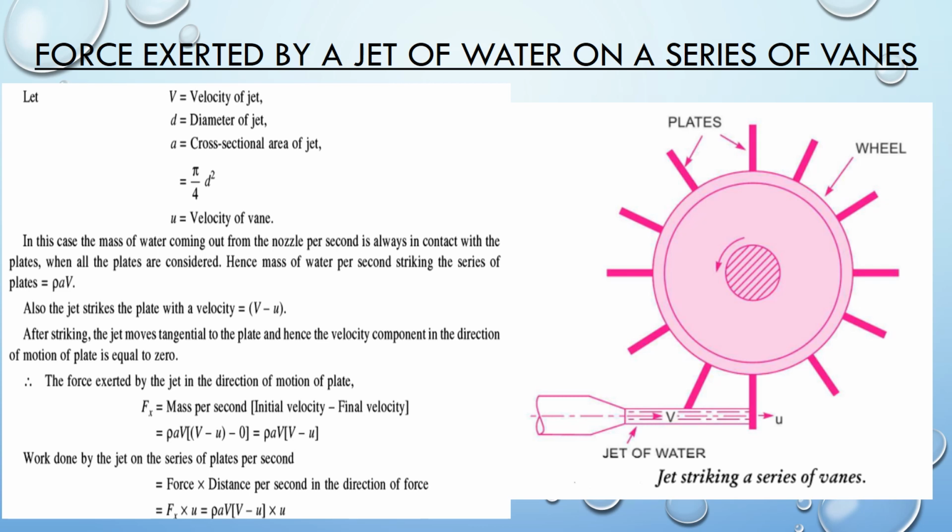So this is a practical case. The earlier cases of a single moving plate, maybe flat or curved, were not practical ones. In fact, it was only a theoretical case.